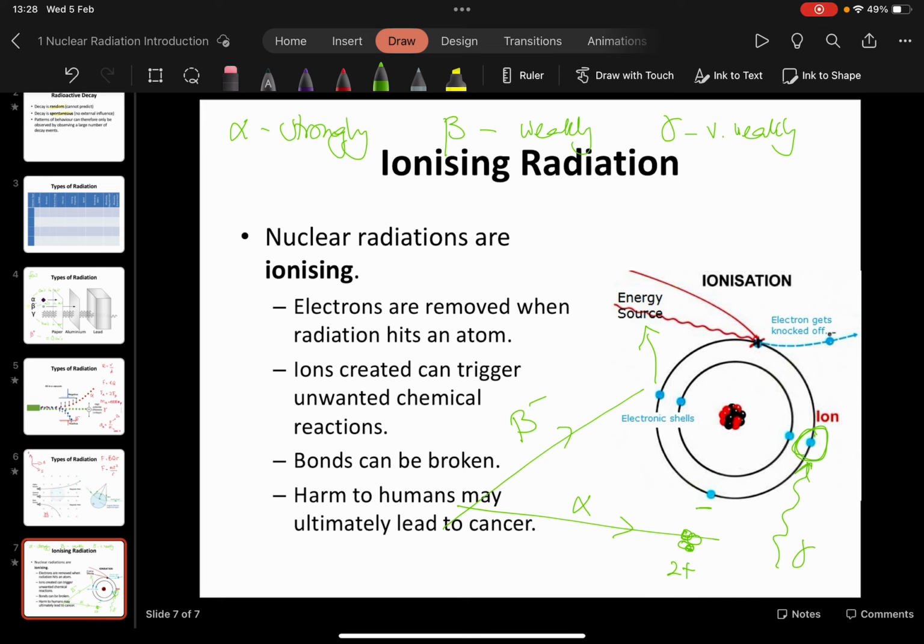So for that gamma energy to be absorbed by that electron is a less likely event, and that's the reason for gamma being very weakly ionizing. If that were to happen, that electron ends up in an excited state, and it might be freed from that atom.